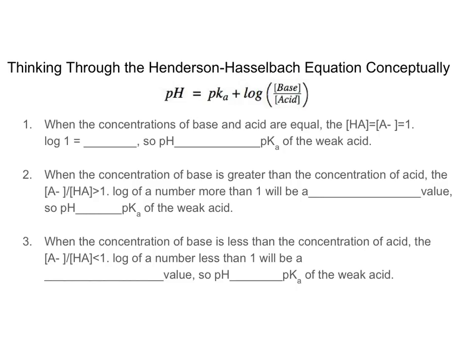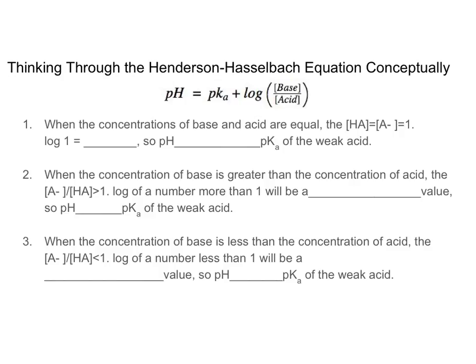So we should have a little bit of understanding of what the Henderson-Hasselbalch equation does for us conceptually. I don't know how often they're going to make you calculate it on the multiple choice section of the exam, but I think you should have at least an understanding.